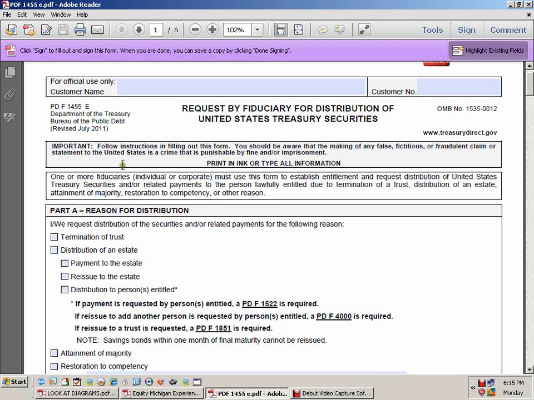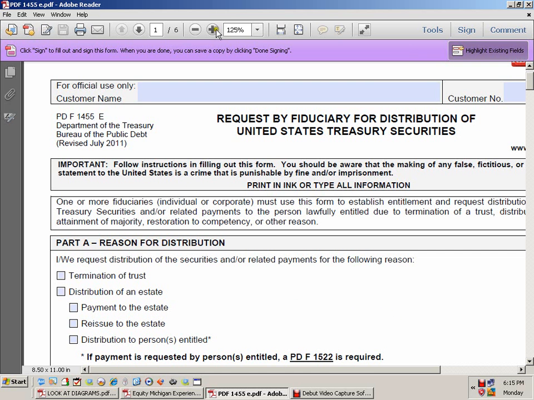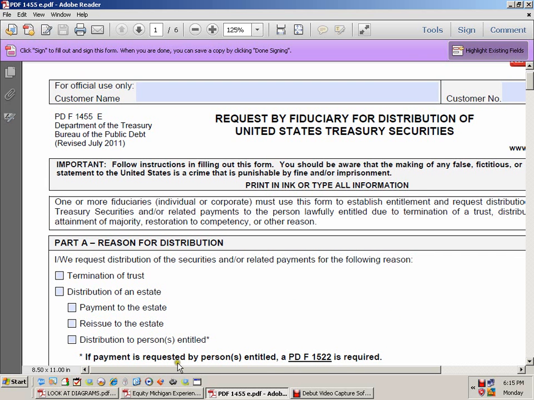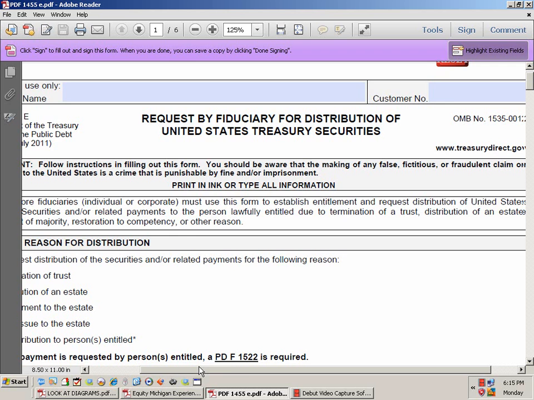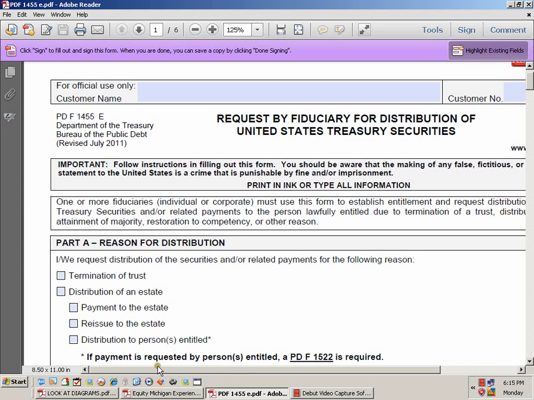The following, let me make it a little bigger here. Following instructions in filling out this form. You should be aware that making any false, fictitious, or fraudulent claim or statement to the United States is a crime that is punishable by fine and imprisonment. Print in ink. Okay.